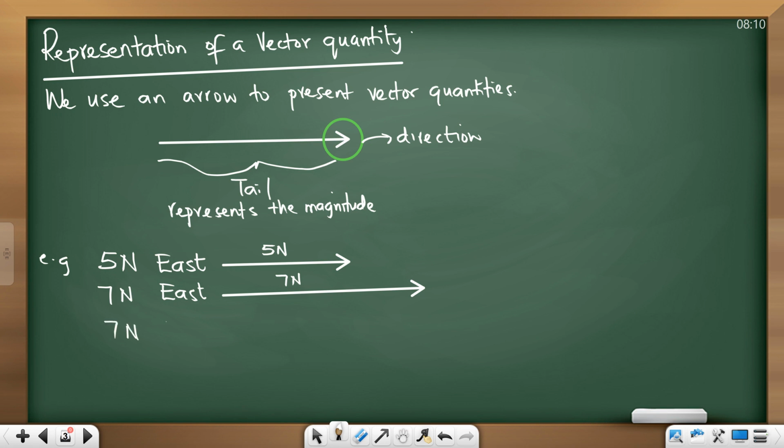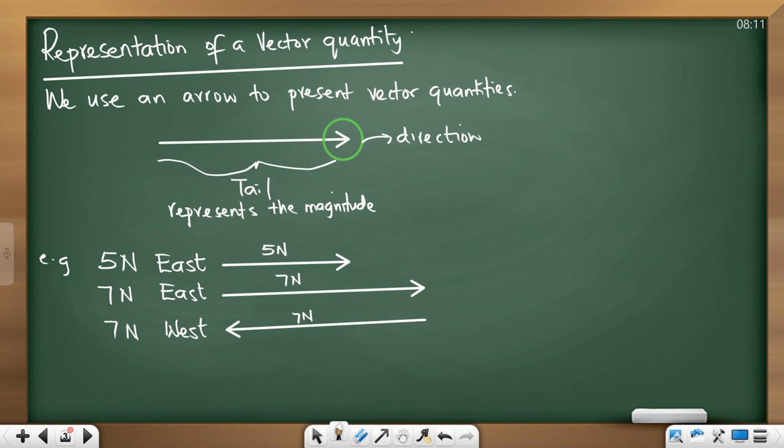If I tell you 7 newtons west, it means that in length, it should be equal to the other 7 one. But in direction, it should be different. I am emphasizing that the length shows the magnitude.